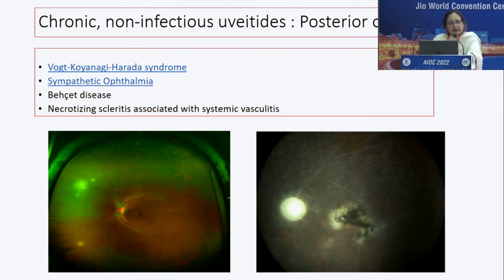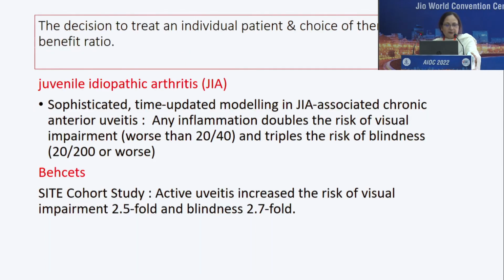So these are the diseases that would require long-term immunosuppression and maybe biologics to begin with. For the decision to treat an individual patient and the choice of therapy, always keep a list of the risk-benefit ratio: what is the risk of the therapy versus what is the benefit of the therapy, and most of the time you will get the answer.